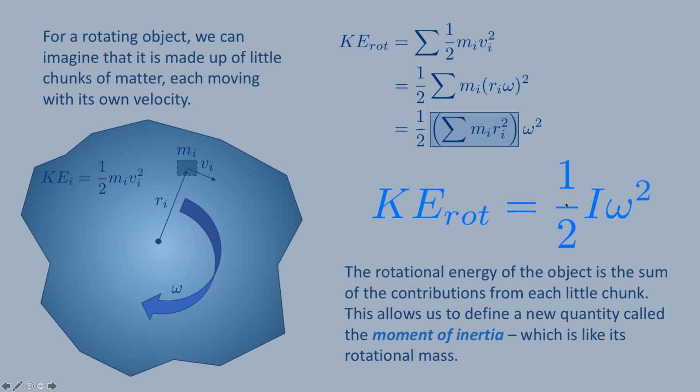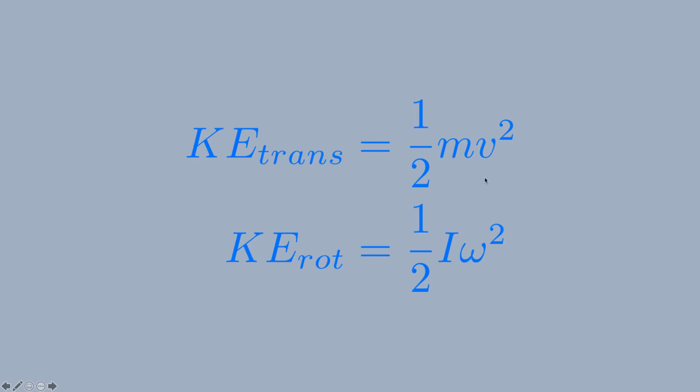And so we have formulas for kinetic energy of translation, 1/2 mv squared, and kinetic energy of rotation, 1/2 I omega squared. So mass becomes moment of inertia, velocity becomes angular velocity.